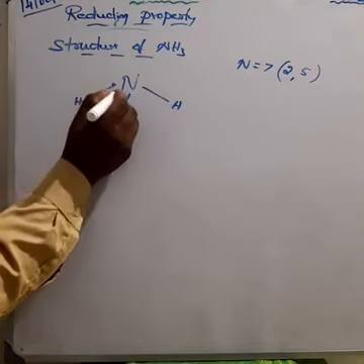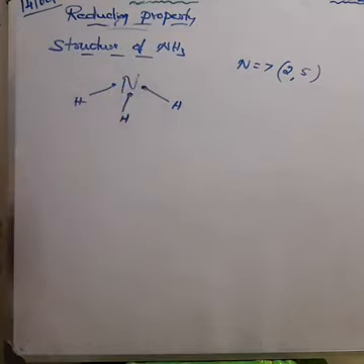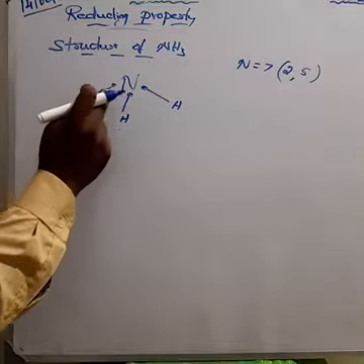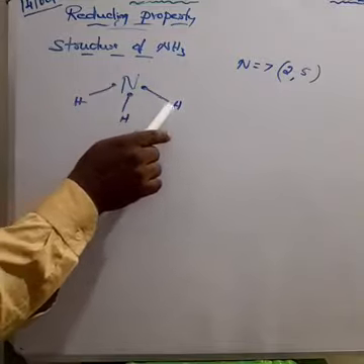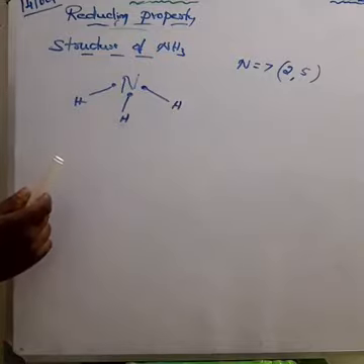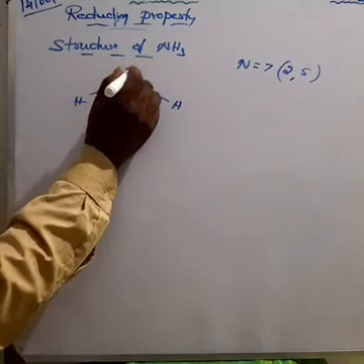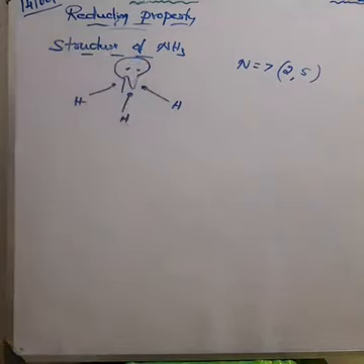Out of these 5 electrons, 3 electrons are paired with hydrogen. Can we draw like that? First we take nitrogen. One hydrogen paired, next hydrogen paired, the last hydrogen paired. So the remaining 2 electrons are considered a lone pair of electrons. Am I right?